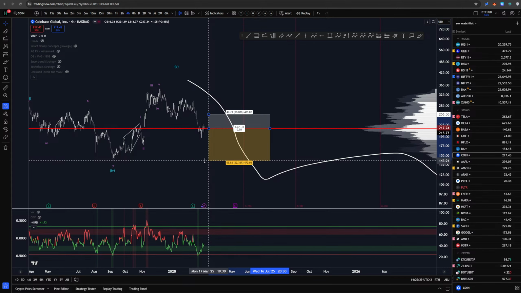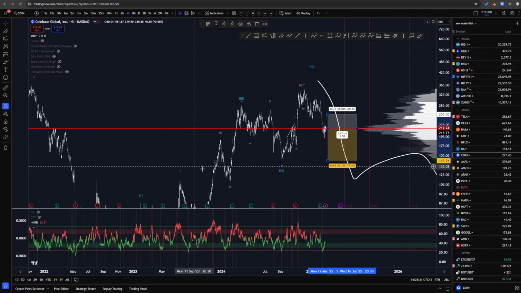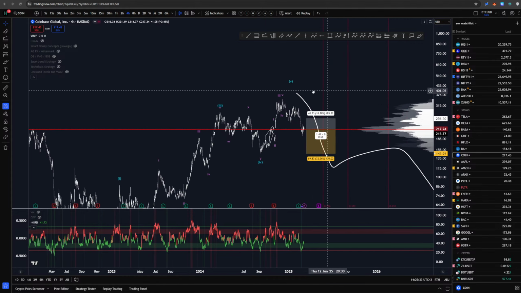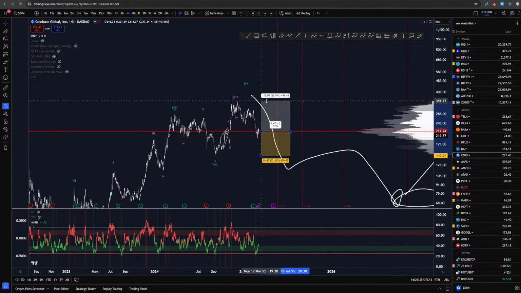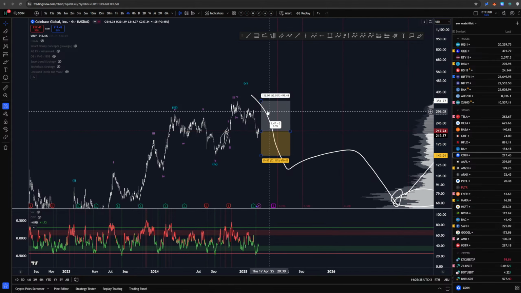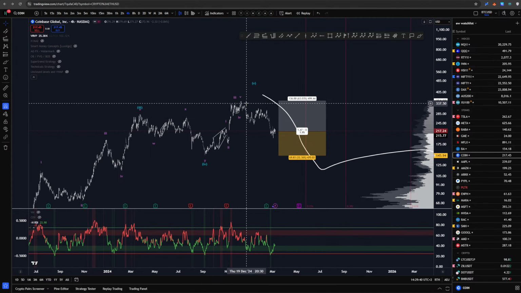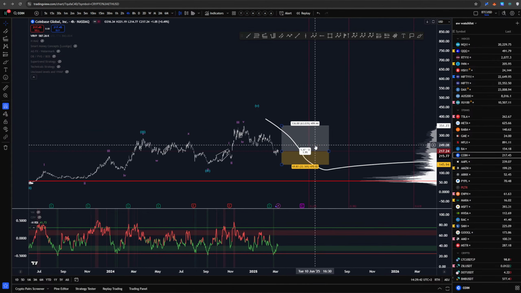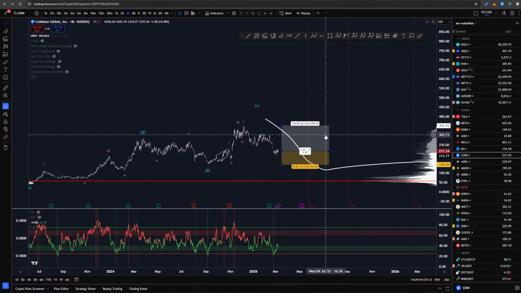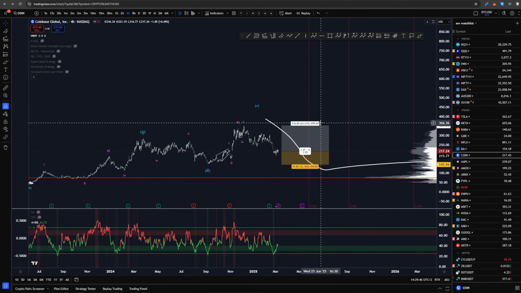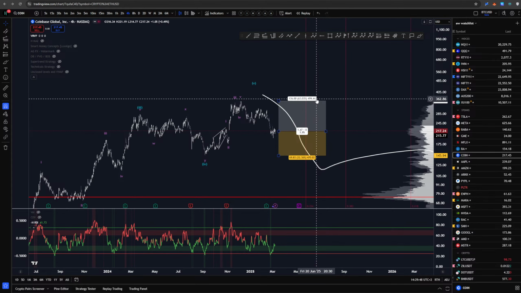It is a 32% drop down into that level though. Ugh, I'm not quite sure if I like these odds. It's a 2-to-1 to the top. Again, I'm using log scale, so that is why it looks so bad here. But yeah, 2-to-1 still looking decent as a trade opportunity.